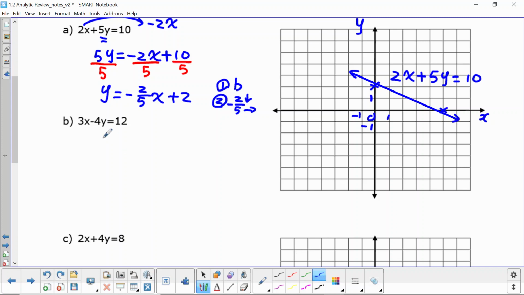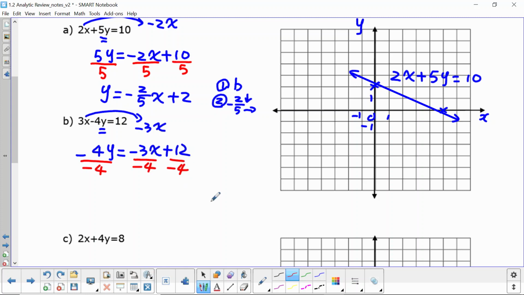So now I will show you how to do question B. Solve for y, then move the 3x to the other side. You have negative 4y equals negative 3x plus 12. Then we don't want to see the negative 4 here. Each term we divide by negative 4. Then you will have y equals 3 over 4 x, negative negative becomes positive. Then minus 3. So find the b first.